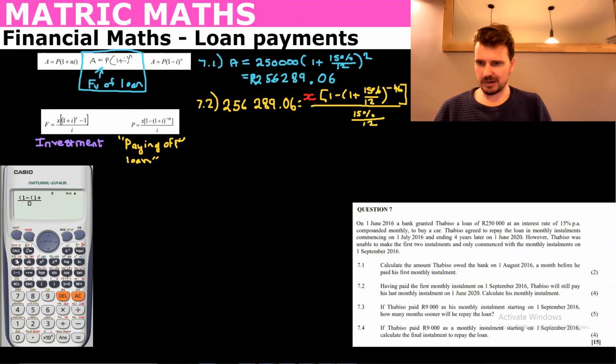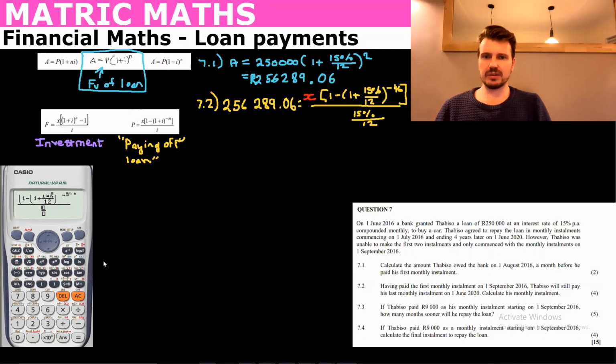Now we've got some fractions there, so it's 15% over 12. So you could do this all in one step, but because this is worth a few marks, you really don't want to be making a mistake. So I like to do this in 2 steps. And so again, that's in the brackets.